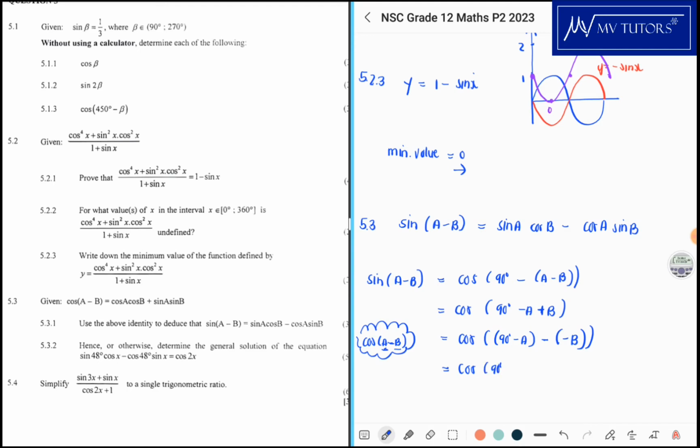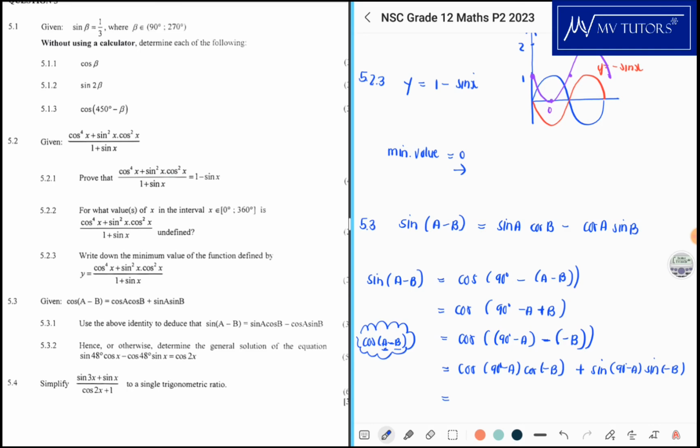So I have cos 90 minus A, cos minus B, and this time it's going to be a plus, because you know how it works with cos minus there. It's going to turn into a plus once you expand it. So now we have cos cos and sine sine: sine 90 minus A times sine negative B.